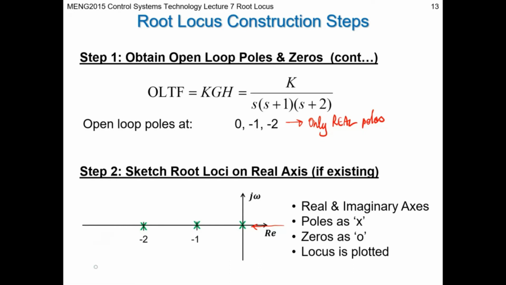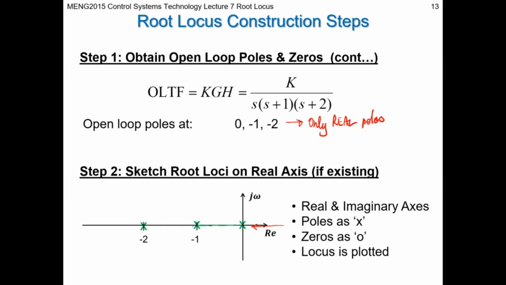Let me demonstrate. I'm coming from the right back towards it. When I hit the pole at 0, at that point I pick up the locus, and the locus will continue along the real axis until I get to another pole or a zero. So there's a locus lying on the real axis between these two poles. When I get to the second pole, it turns off the real axis.